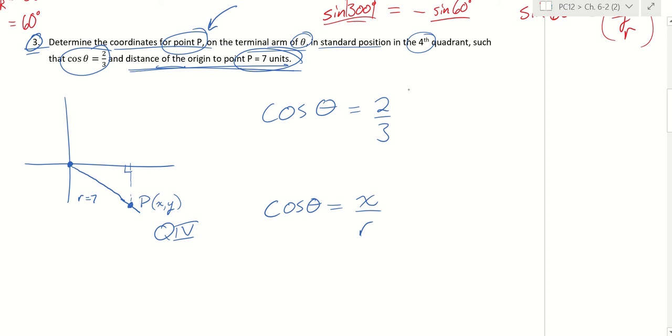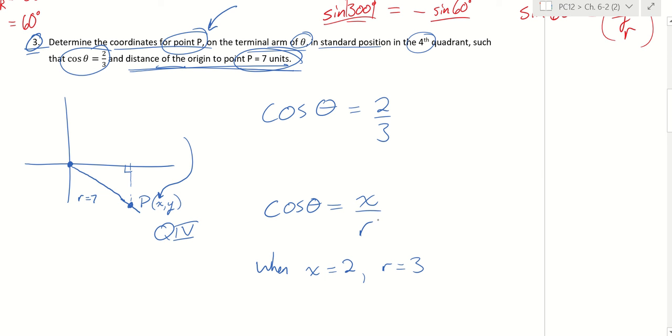So we know that when x is 2, the r value is 3. So we can say when x equals 2, for this particular angle in standard position, r must be 3. And we also know that in this particular case, where we want the x value of this particular point that's 7 units away from the origin, r isn't 3, it's 7, right?